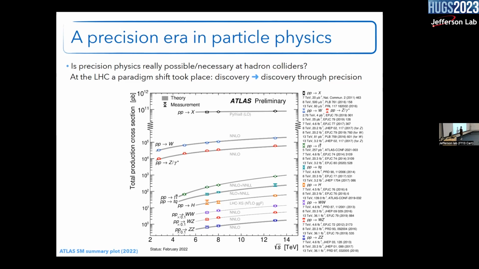So as you can see, these are the points for the 7 TeV run, this is for the 8 TeV run, and this is for the 13 TeV run. As you can see, the experimental precision is incredibly small. So the lines that you might see or might not see here are really, really tiny. And they are sometimes tinier than the gray line, which is our theoretical prediction, okay?